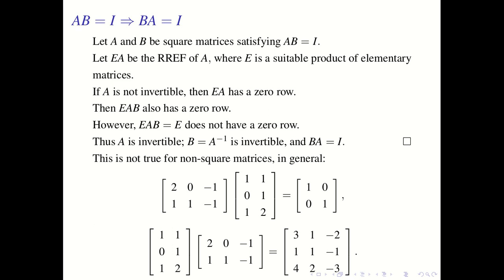Now, suppose A and B are square matrices satisfying the property that AB is equal to identity. Now, look at the row reduced echelon form of A. Write it as E times A, where E is a product of several elementary matrices.